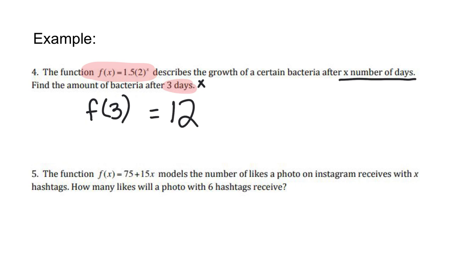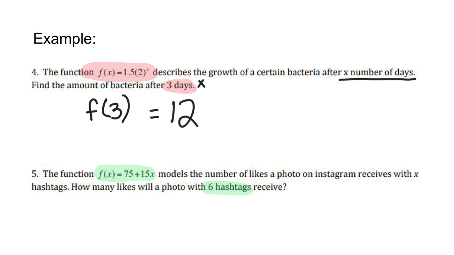Now the next one says the function f of x equals 75 plus 15x models the likes on a photo, the number of likes a photo receives based on x hashtags. How many likes will a photo receive if it has 6 hashtags? So there's my function. Here's what I know. Again, I've got to decide is that an x or a y.